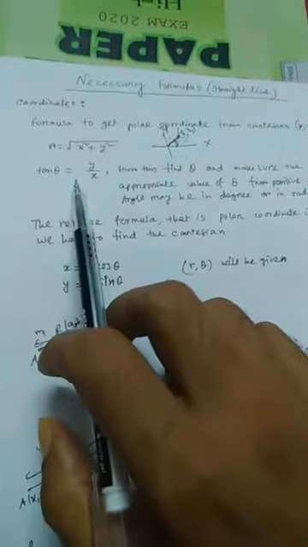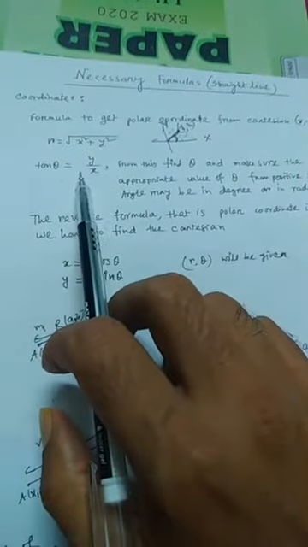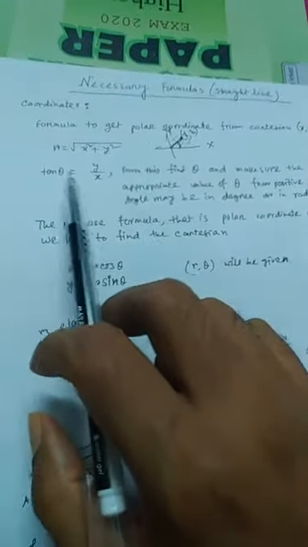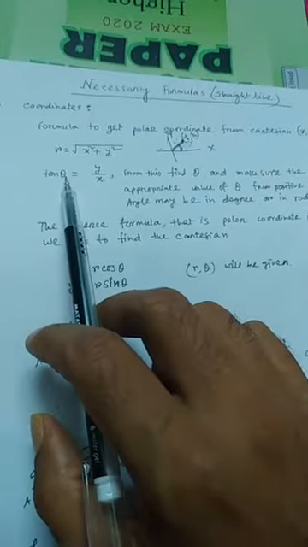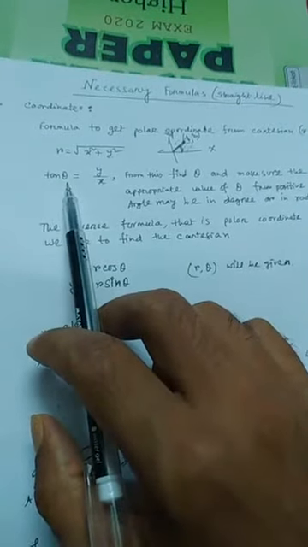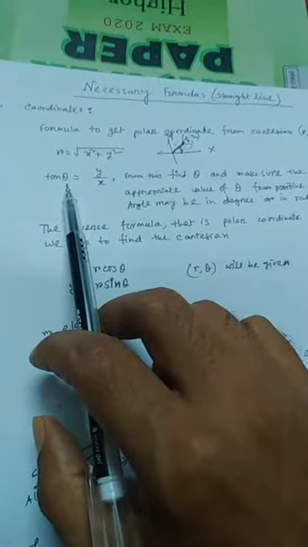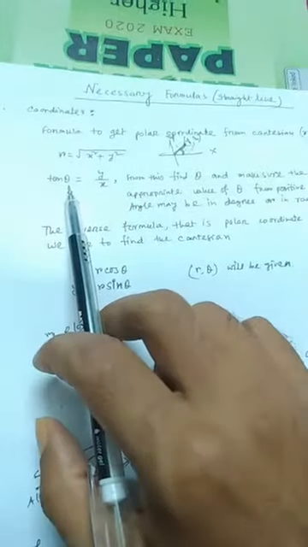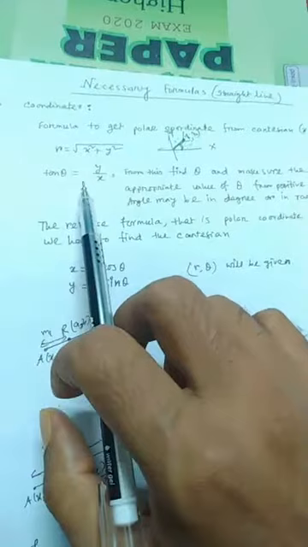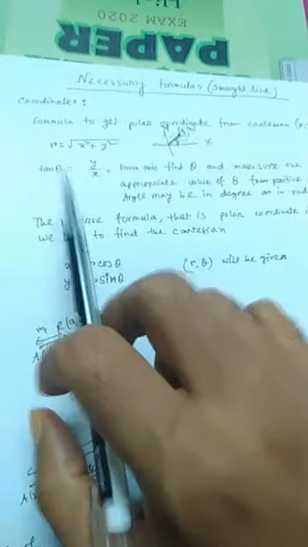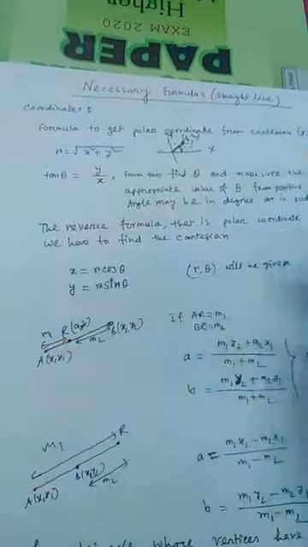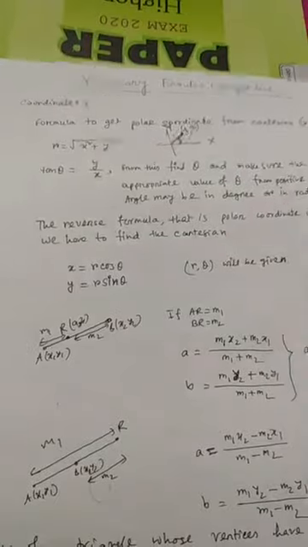But here you have to be very careful that the theta, if you want this angle in degree, then fix your calculator in degree mode, and if you want the angle in radian, then fix the calculator in radian mode.